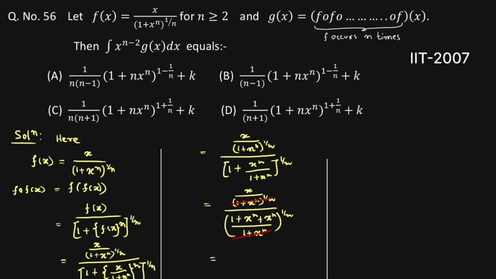Then we will get x upon (1 plus 2x to power n) to power 1 by n. Therefore, f of f of x is equal to this. Similarly, we are going to find f of f of f of x.